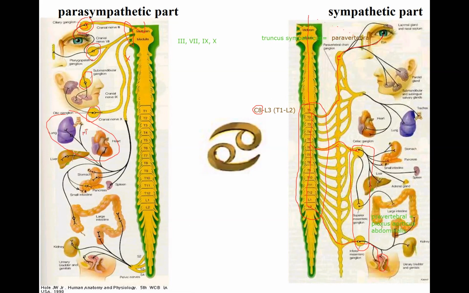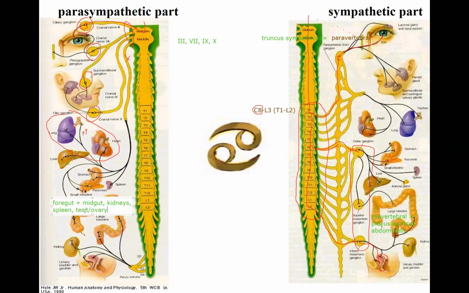And then in the abdominal cavity, which is the GIT, the derivatives of foregut plus midgut. And of course kidneys, spleen, testis, ovary. So this is just the main overview.